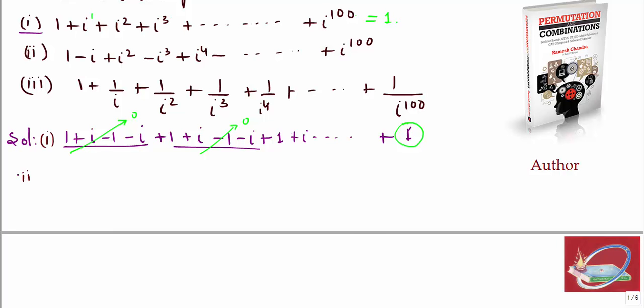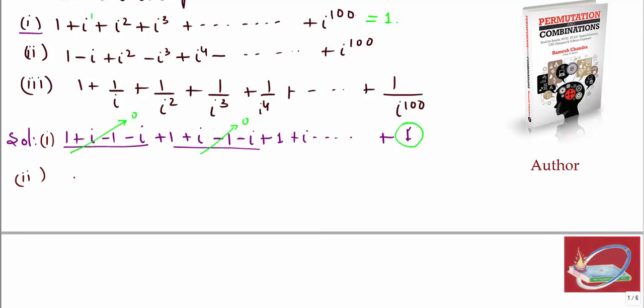Now question number 2. What we have here is, again, 101 terms. If you think of these numbers, you can even apply geometric progression. There is a common ratio of minus I. So this is a geometric progression having 101 terms.